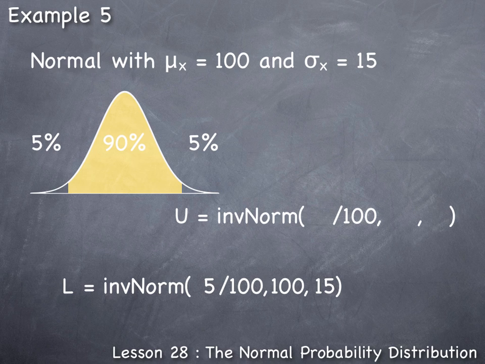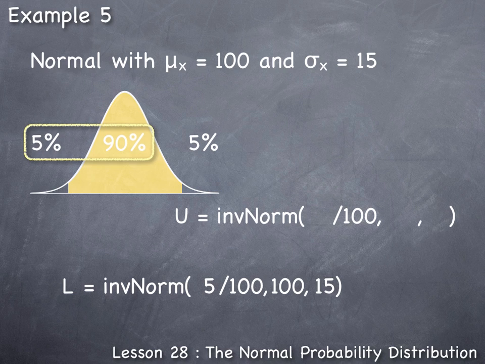Again, the inverse norm command requires three values to be inputted. The first value is the percentile, that is the percentage of this normal bell-shaped curve that is less than this value we seek. So U, the upper limit, has the entire middle 90% less than it, and also this lower 5% less than it.